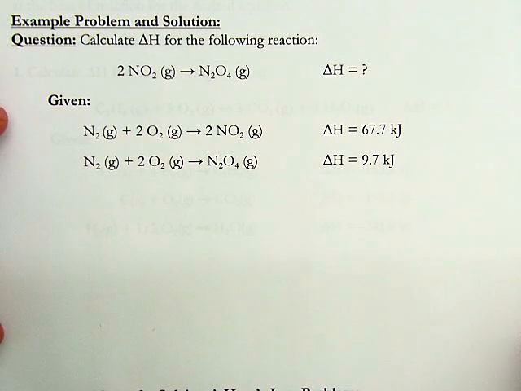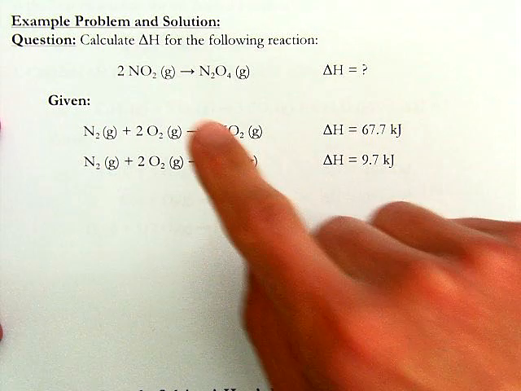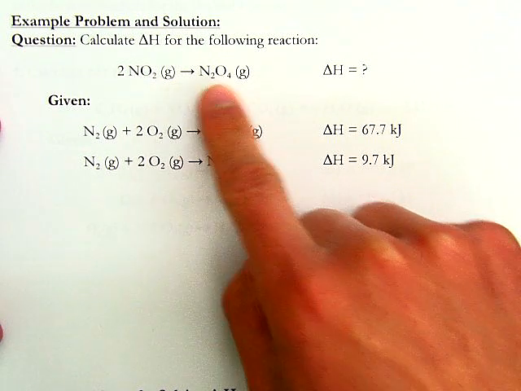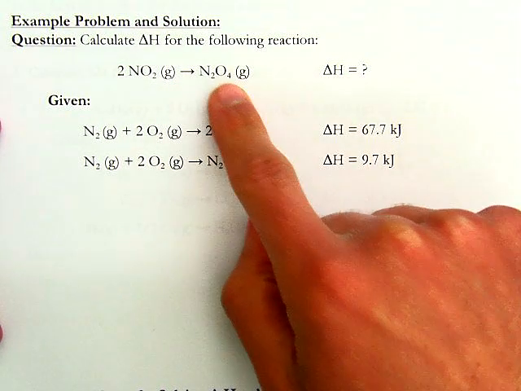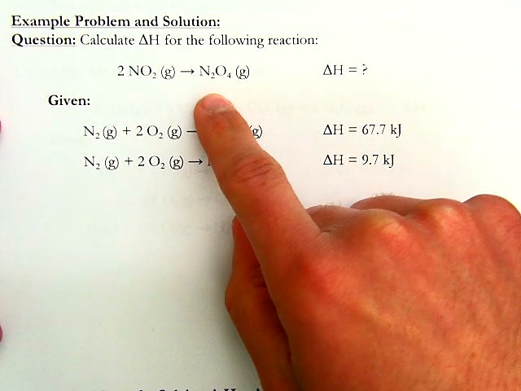So here's an example of a Hess's law problem. It says, calculate the heat of reaction, delta H, for the following reaction. This is the reaction that we want to find delta H for. Let's say something is stopping us from measuring this directly.